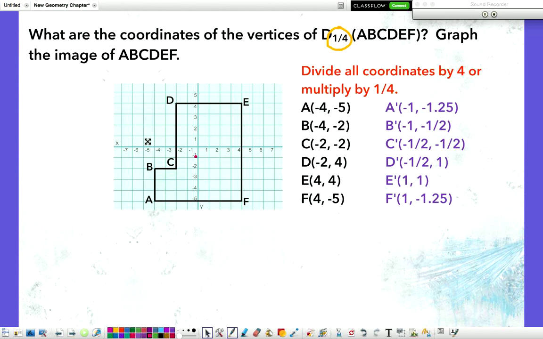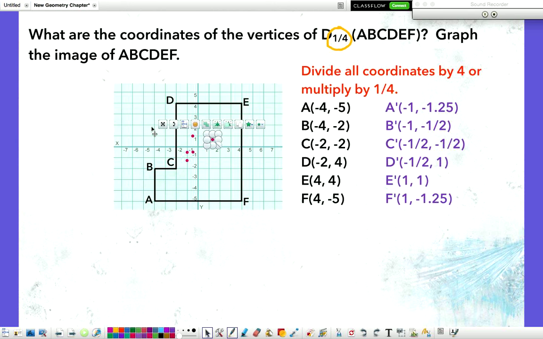So we have -1, -1 1/4. We have -1, -1/2. We have -1/2, -1/2. We have -1/2 and 1. We have 1, 1.